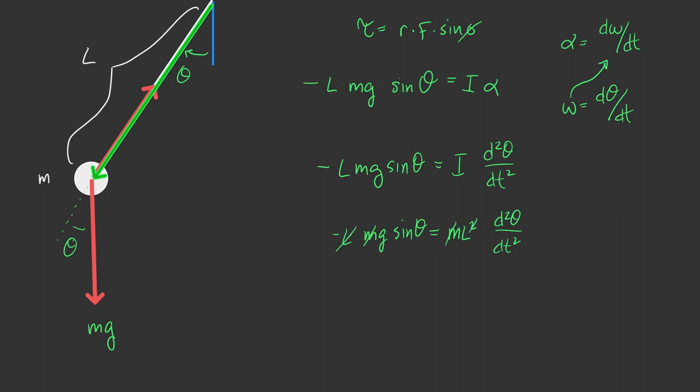In fact, I'm going to move everything to one side and isolate the derivative. Boy, this would be perfect if it wasn't for the sine theta, wouldn't it? Tell you what. I'm going to make sure that my pendulum is only oscillated at small angles.